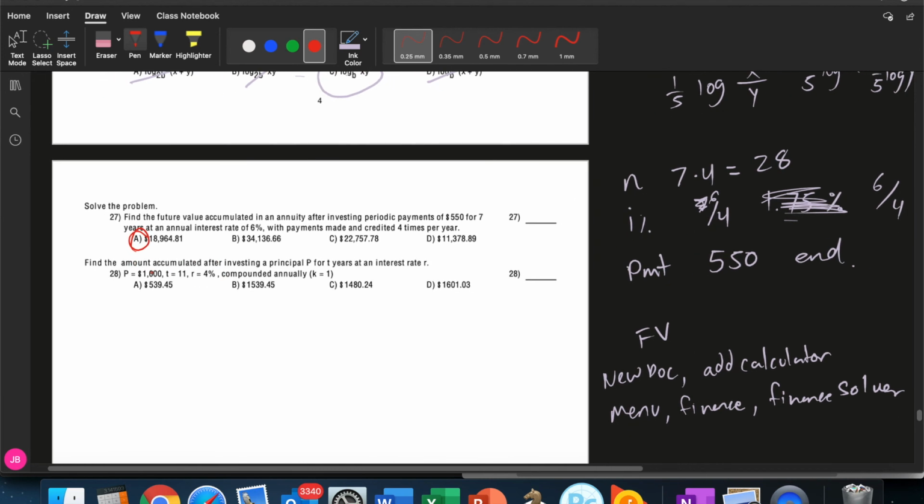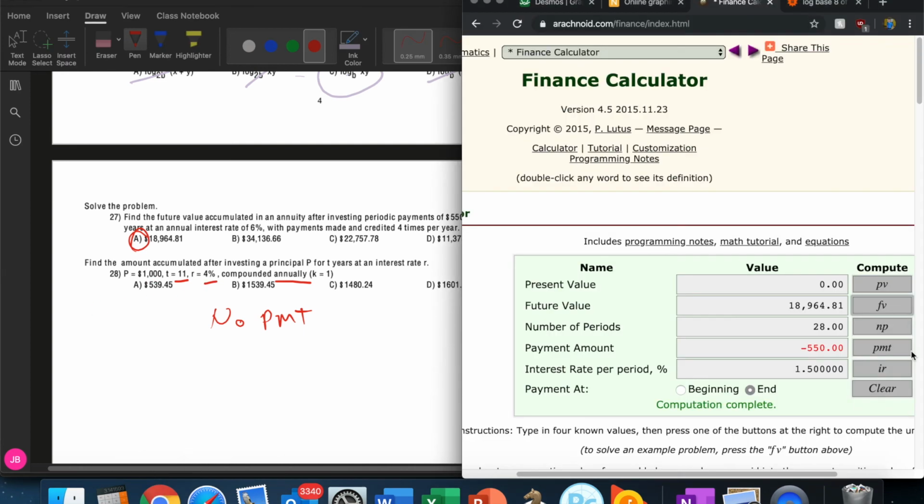It says find the amount accumulated after investing a principal P for T years at an interest rate of R. So in this one, there's no payment. You just have a lump sum and you're investing it for a certain amount of time. Okay, so it's compounded annually, so once per year for 11 years at 4%, and it's $1,000. So we go back. We say, okay, present value is going to be $1,000.